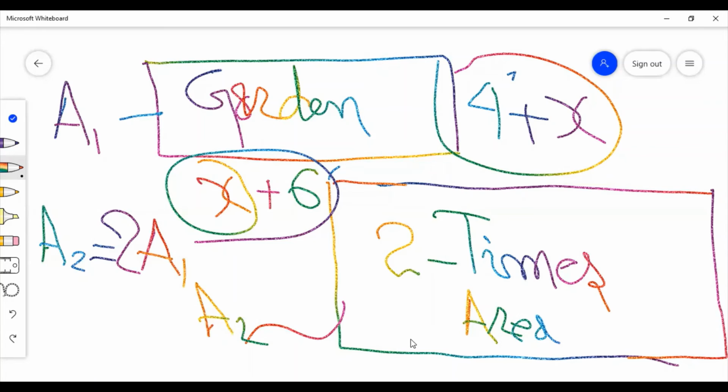Okay, let's see how you are getting this answer. The answer is correct, there is nothing wrong with that, but how are you getting this? So you do 4 plus x times 6 plus x is equal to 48, because that's the new dimension.